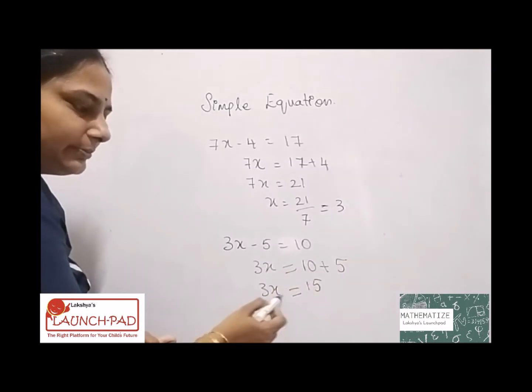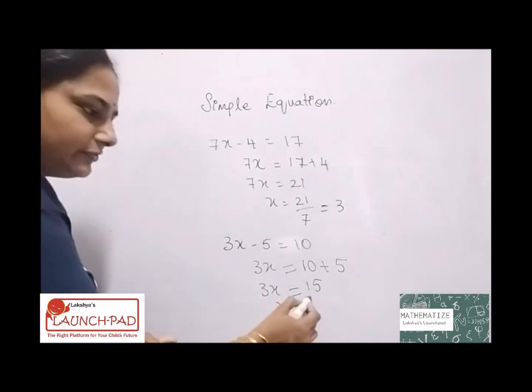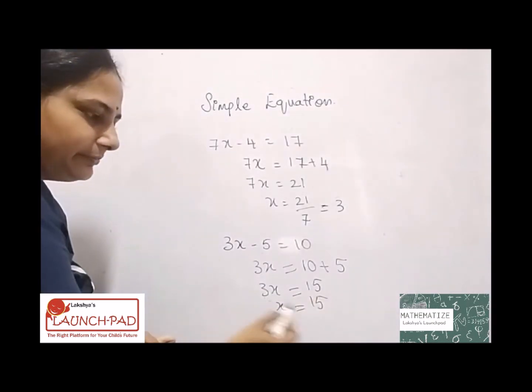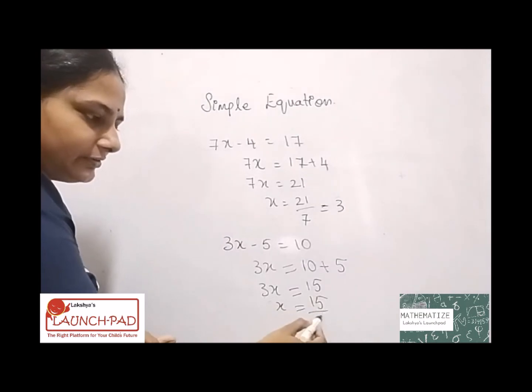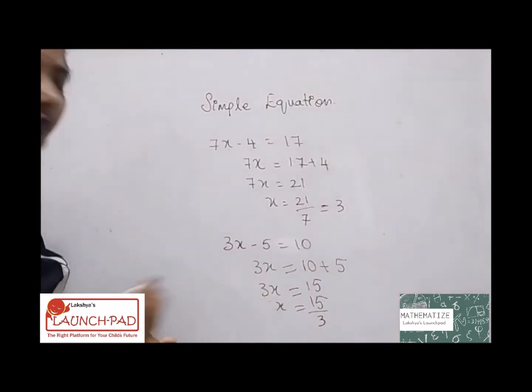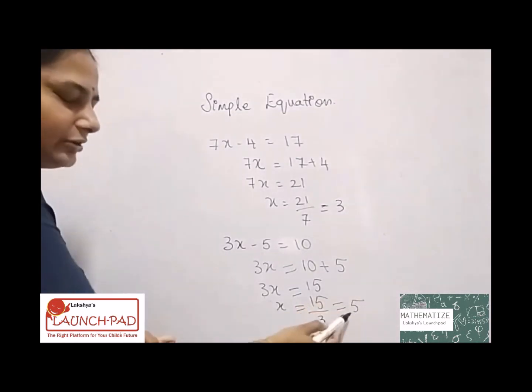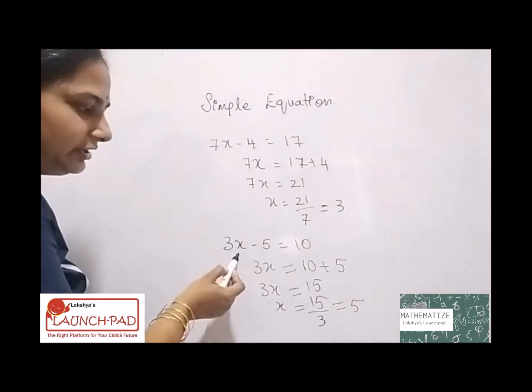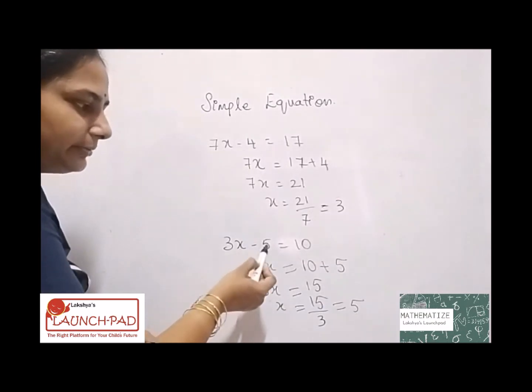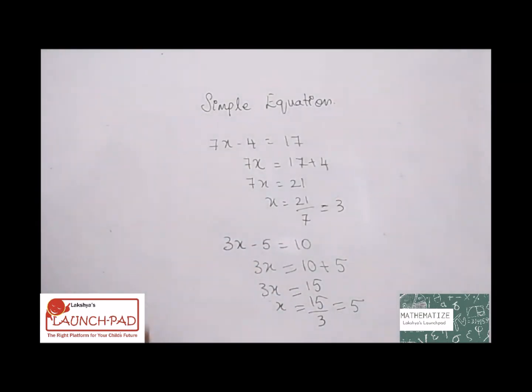Now this is multiplication. x is equal to 15 by 3. So 15 divided by 3 is 5. Now recheck. The x value, you put 5 here. 5 threes are 15. 15 minus 5, 10. Yes, ma'am. The concept is clear?